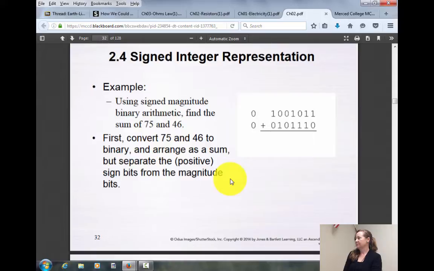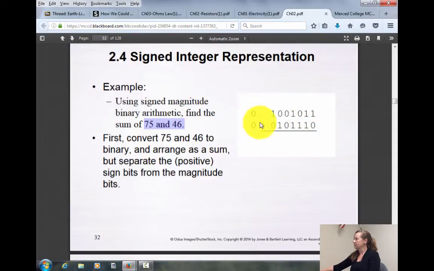All right. So here we are, we're presented with a problem that looks like this. And in our example, it's using signed magnitude binary arithmetic and find the sum of 75 plus 46. Here's our signed bits out here.